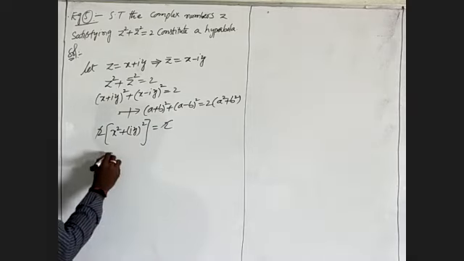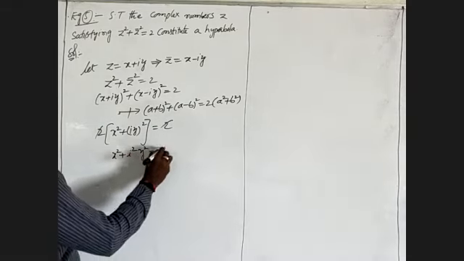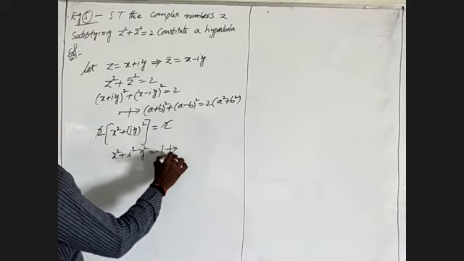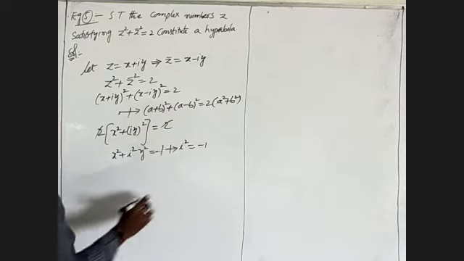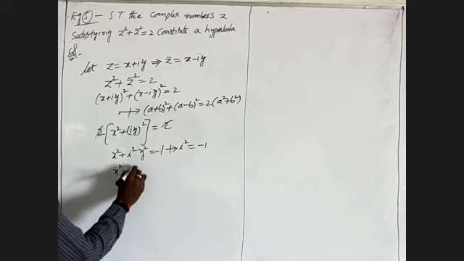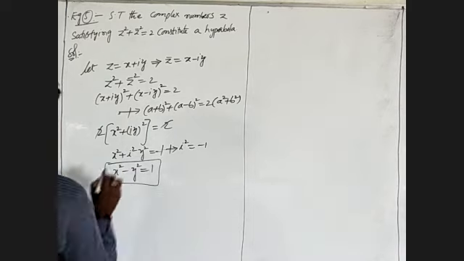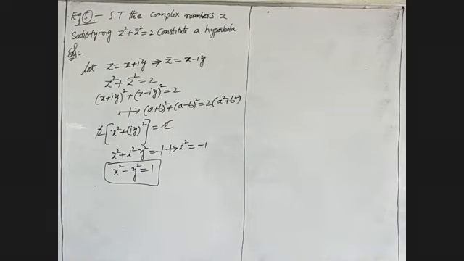We have to expand this one. x square plus i square y square is nothing but 1, where i square will become minus 1. That must be written as x square minus y square is nothing but 1. x square minus y square is nothing but 1 means this is a hyperbolic equation.